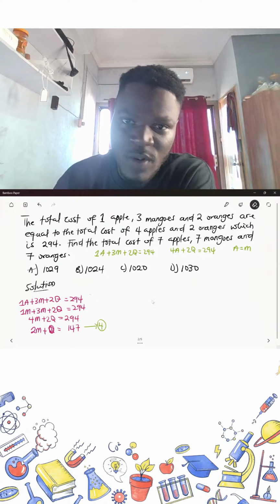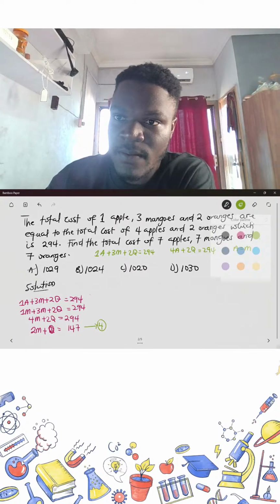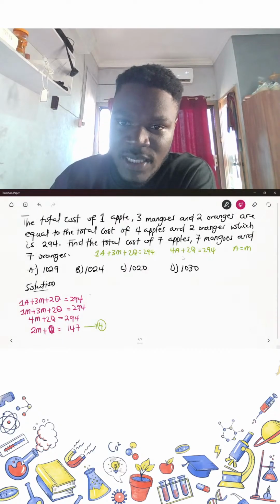Now this is from equation 1. Let's look at the other equation, the second one. Over here where we have the 4A, using the second equation, I have 4A plus 2Q is equal to 294.